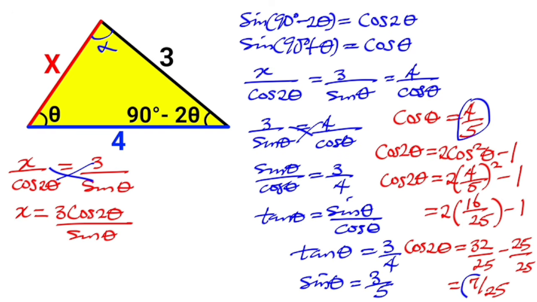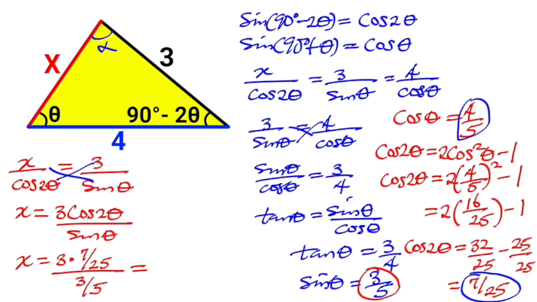Substituting cosine of 2 theta equals 7/25 and sine of theta equals 3/5 in the expression, x is equal to 3 times 7/25 divided by 3/5, which equals 21/25 divided by 3/5.